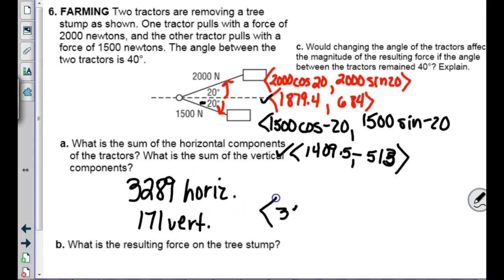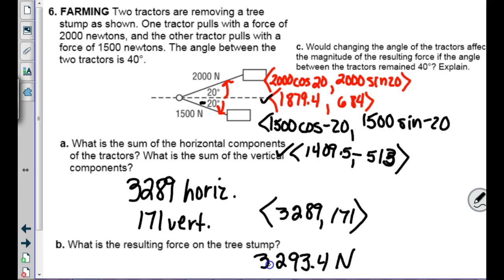Or you could have just written 3289 and 171. Okay, what is the resulting force on the tree stump? Yes, Pythagorean theorem. 3293 roughly, 0.4 maybe. I'm rounding weirdly all along this, but okay.